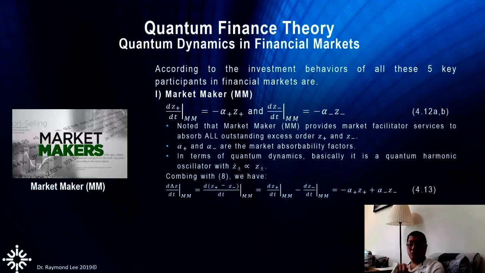So dz by dt will correlate together. The whole formulation, in fact, is very simple, and of course, it's controlled by the market absorbability factors. It's a kind of proportion. For an efficient market, the gamma positive equals gamma negative, so we have something like this.